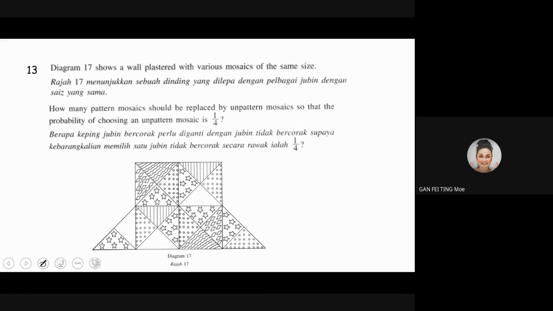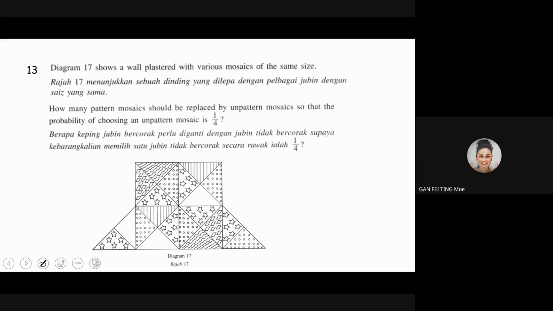How many patterned mosaics should be replaced by unpatterned mosaics so that the probability of choosing an unpatterned mosaic is 1 over 4? The diagram is also very confusing. When you do this question, you have to take a deep breath. This is testing your patience, right?